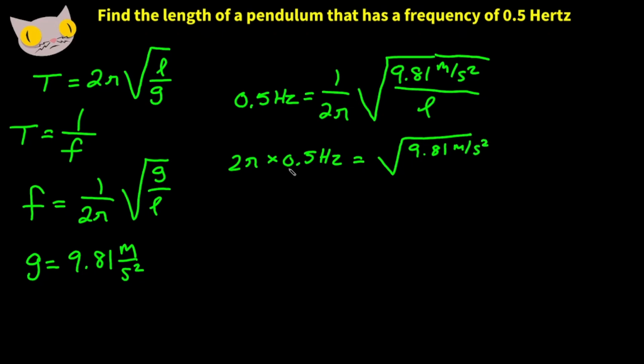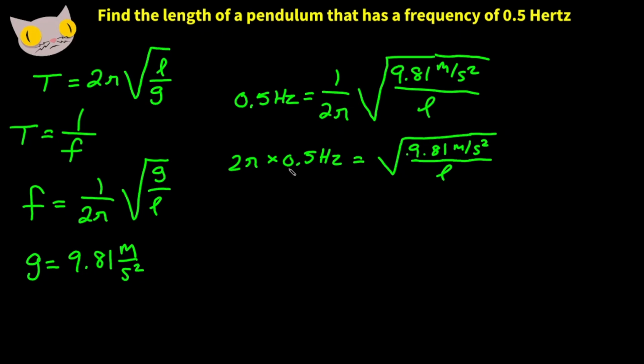I'm including the units at each step just so we don't get lost here. Not that it's going to be easy to get lost, but it's a good habit to include your units with each step. In case you're doing something a little bit more complex, including the units will help you keep track of where you're at and what you're doing.